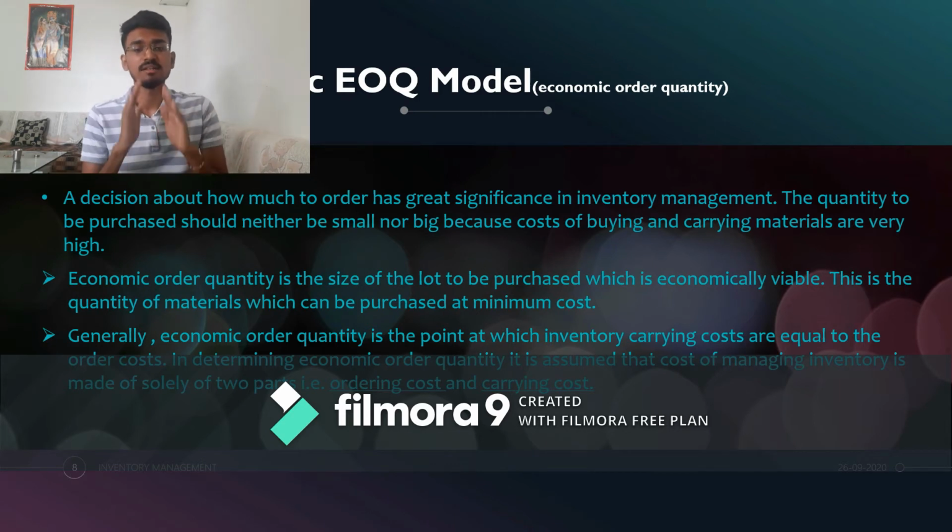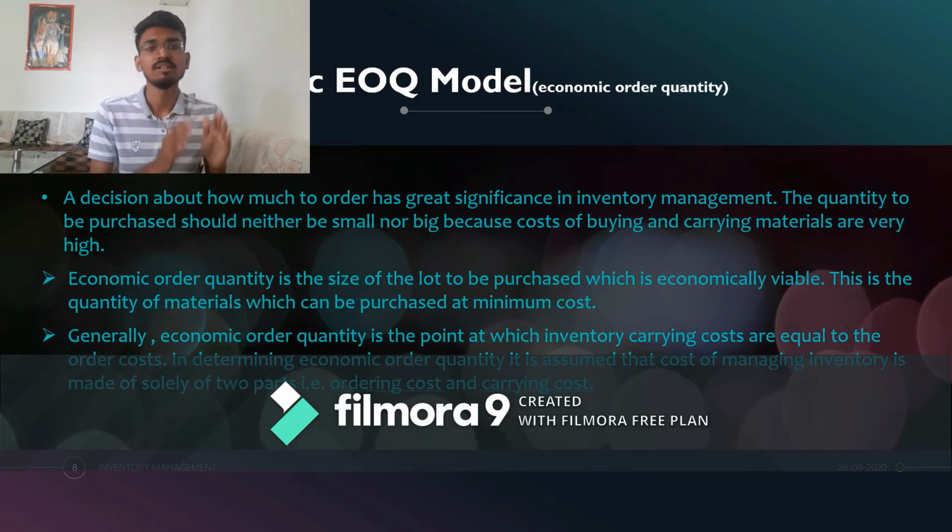Generally, economic order quantity is the point at which the buying cost is equal to the carrying cost. It's a general thing. We will see that using a graph.